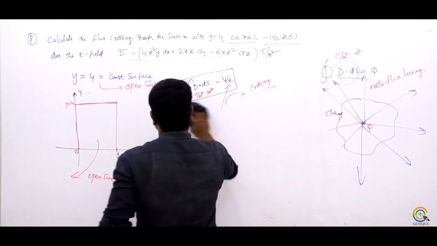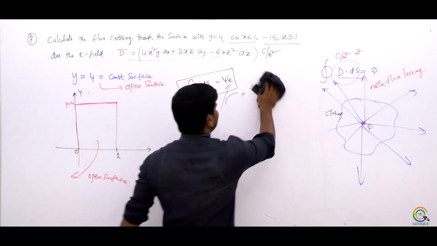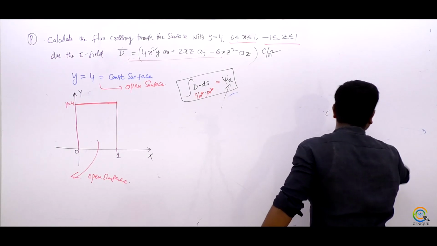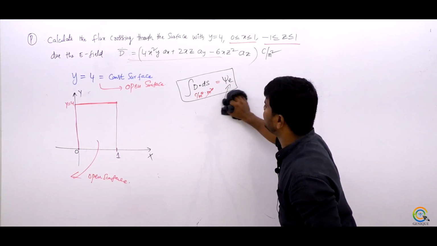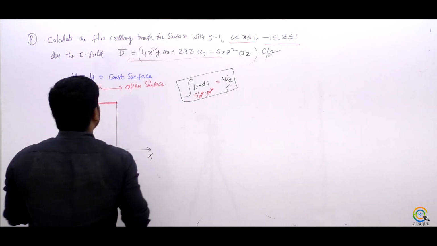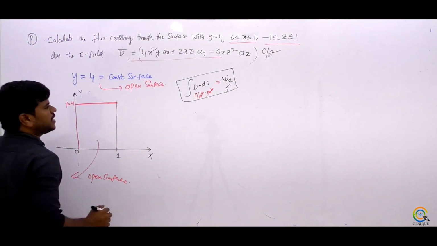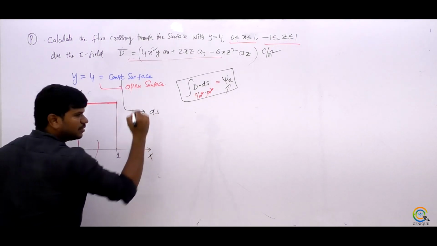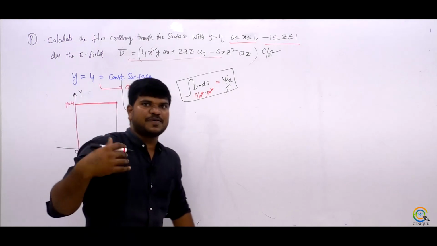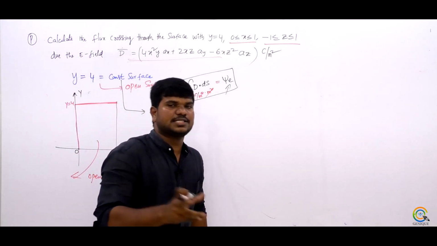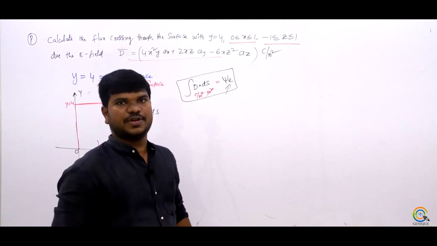Now come to this. He has given the electric flux density, which means coulomb per meter square. One surface is given, a y equals constant surface. For a y equals constant surface, what is the surface direction? We have already seen in previous classes: if x equals constant surface, the surface direction will be the x direction, normal to the surface.